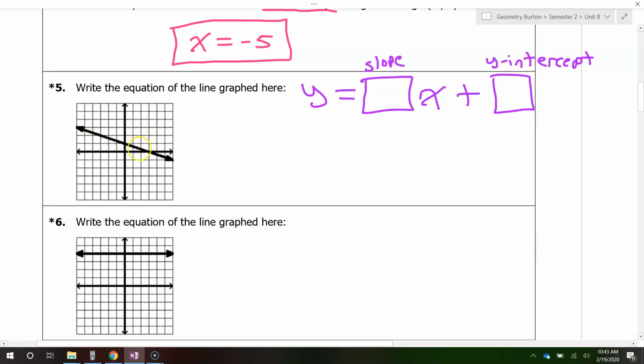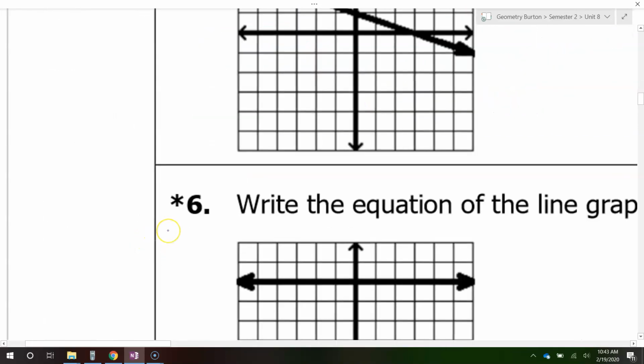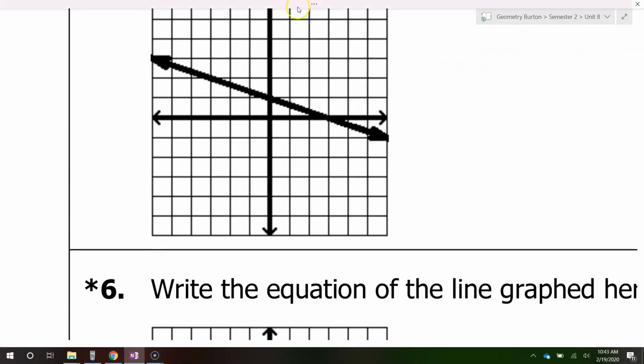Let's pick a couple of points that are on the line. You know what, I might zoom way in for this. So here are 2 points that are on the line. Boom and boom.